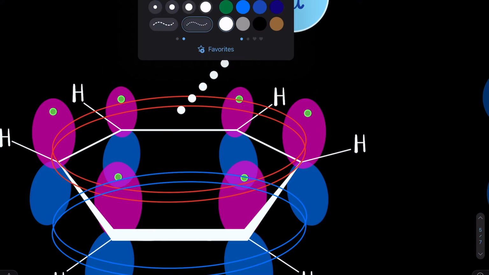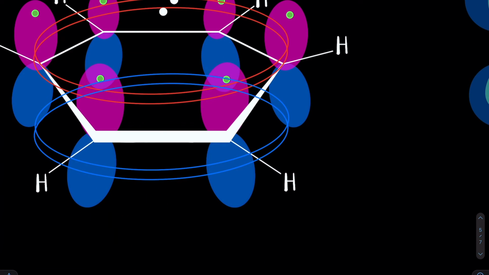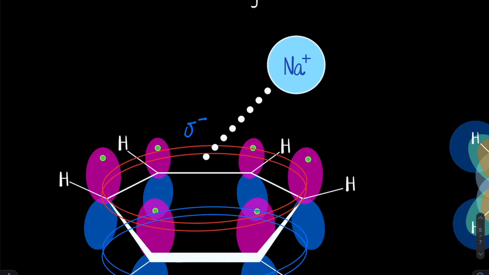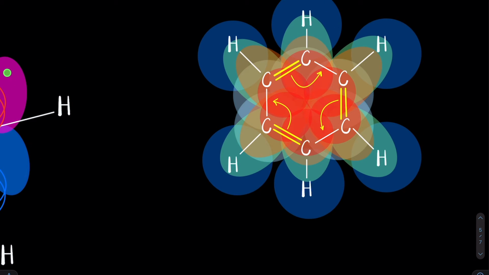With this in mind, we know that this top part of the ring is partially negative, and this bottom part of the ring is partially negative as well. So this can interact with a positive charge nearby. This plays a large role in protein folding, and here's just another electron diagram of electron density. This is just a diagram showing the partial movement of pi electrons.